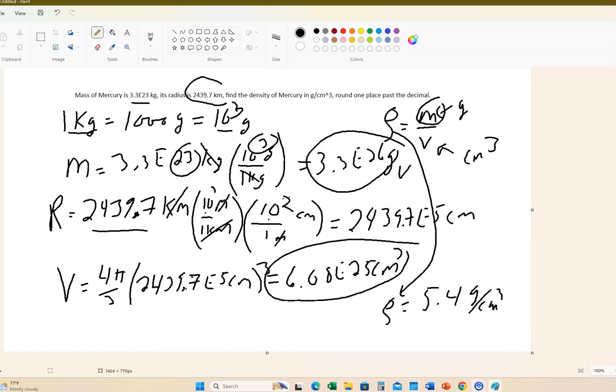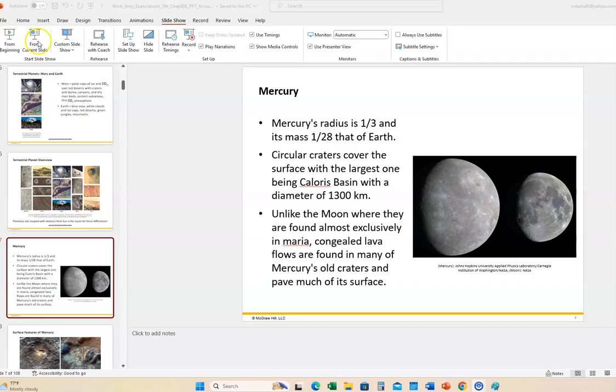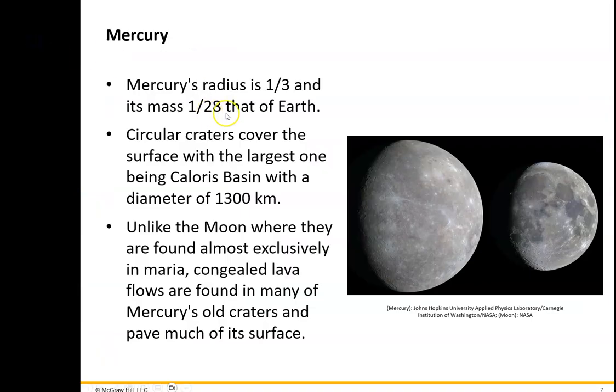All right, so let me continue here from current slide. There we go. As I was mentioning before we did the calculation, we've got this thing called Caloris Basin. That's an important feature on Mercury. We'll actually see a better picture of it in just a minute.